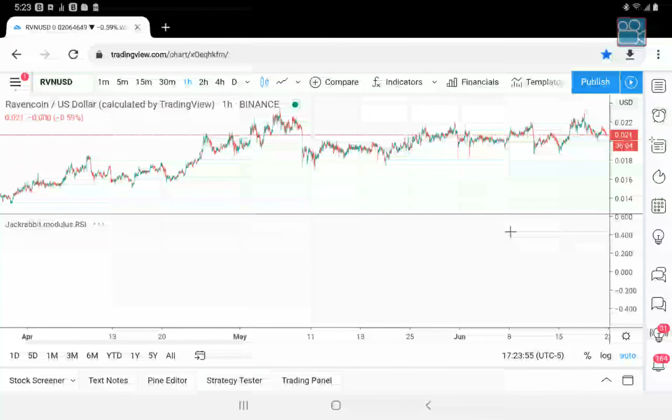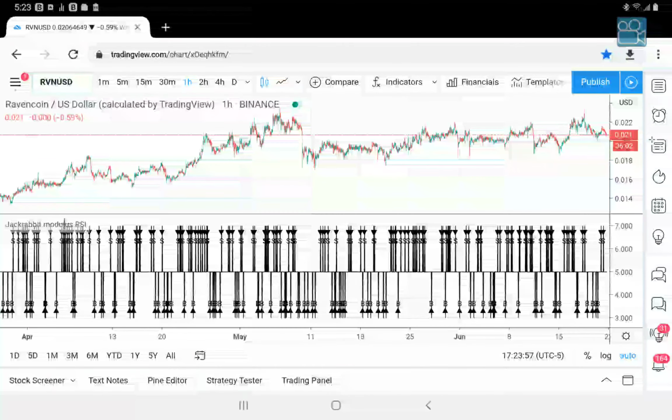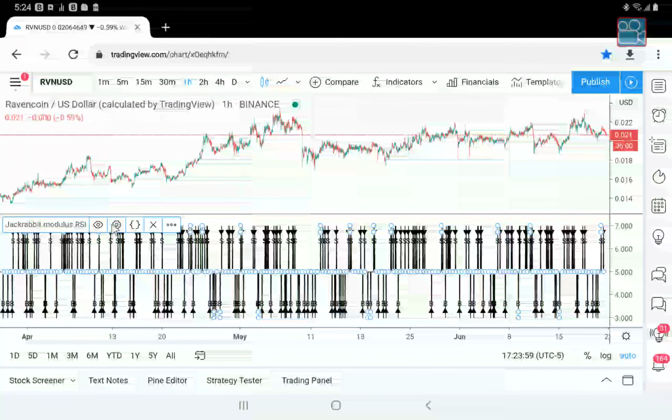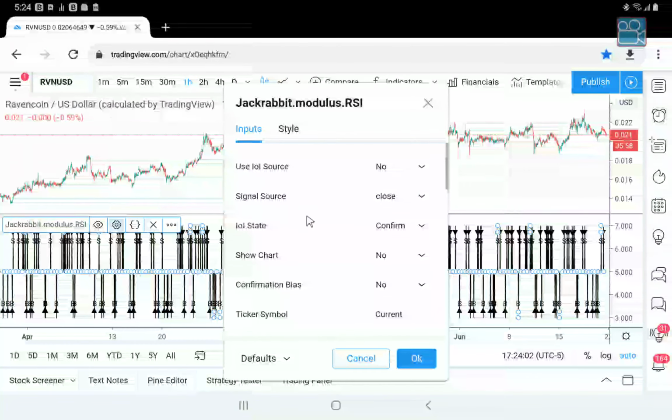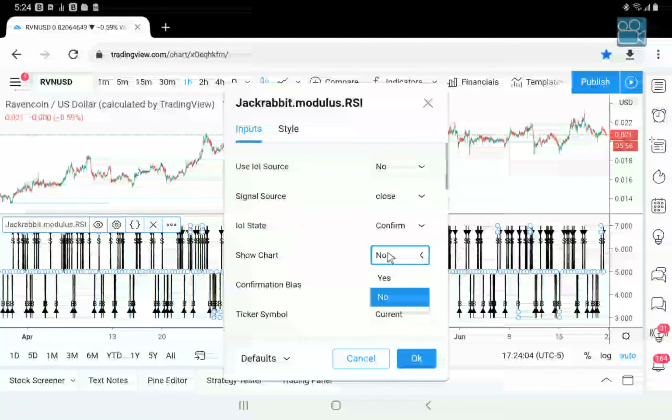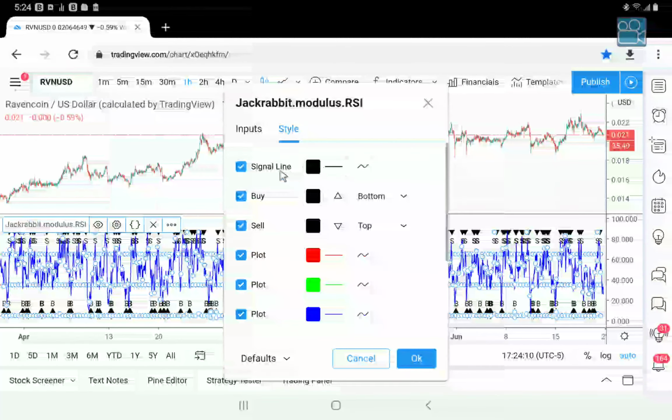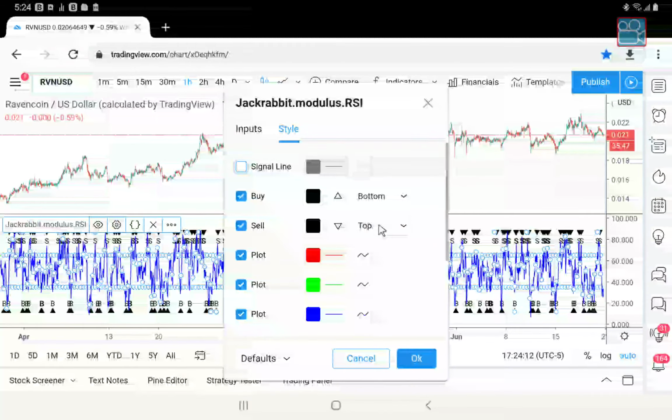RSI. I'm going to buy and sell only on RSI. Now, anybody with any amount of basic knowledge knows doing this is looking to lose money.